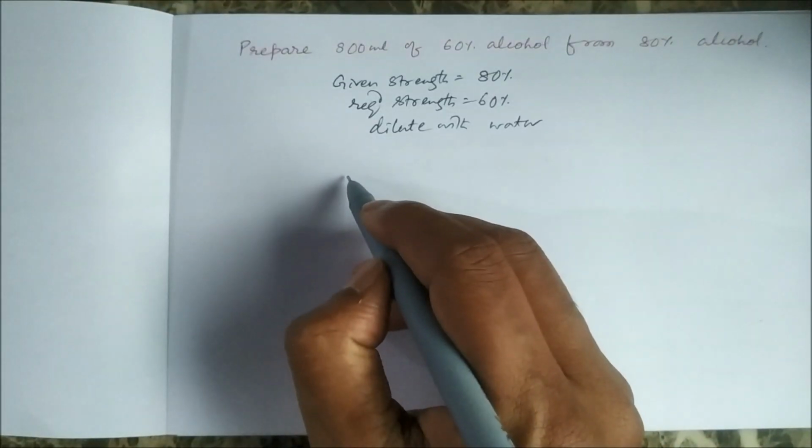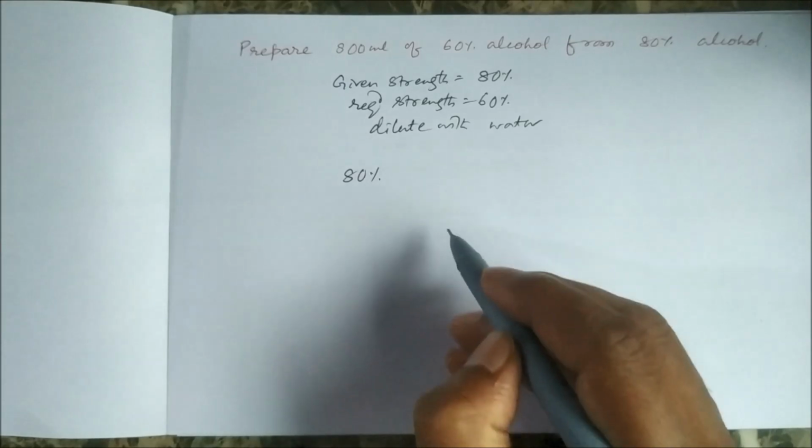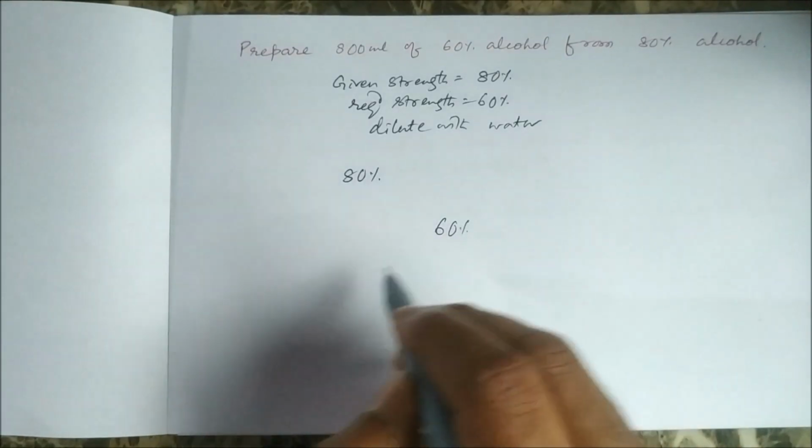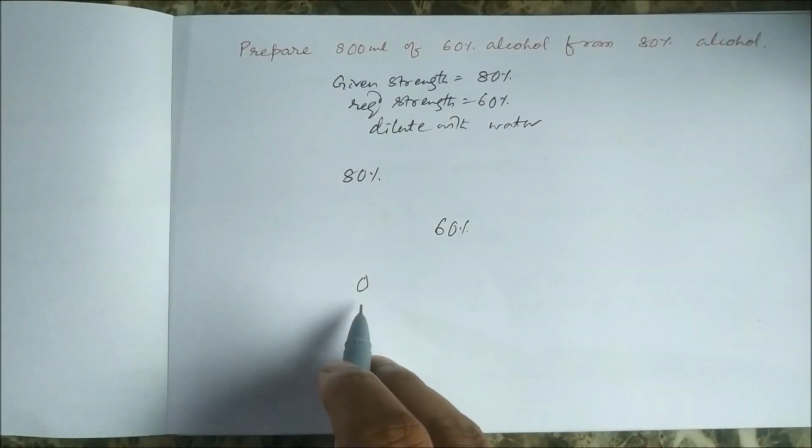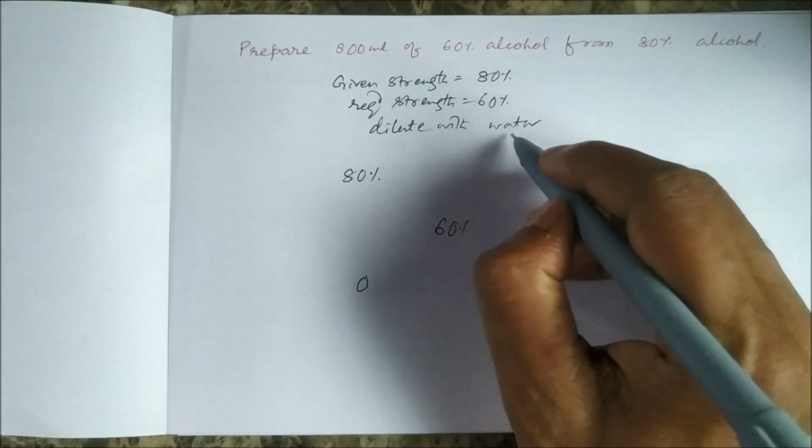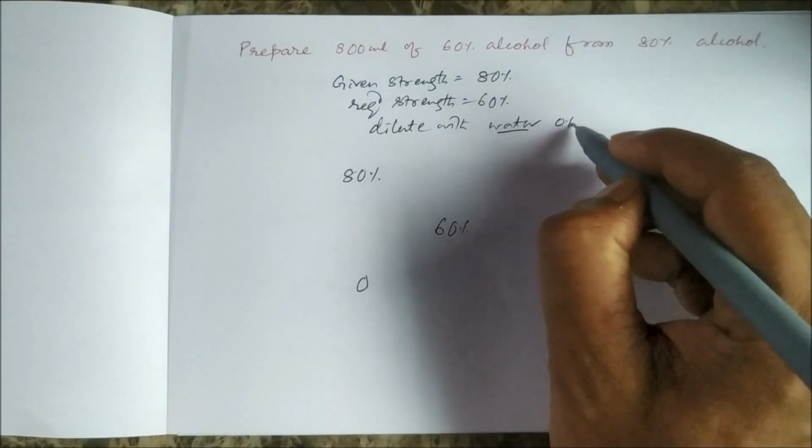So the higher strength 80% we will write here, and in the middle we will write 60%, which is the required strength, and we will dilute with 0% alcohol. Water has no alcohol, so it is 0%.